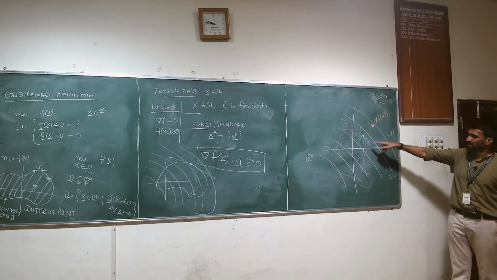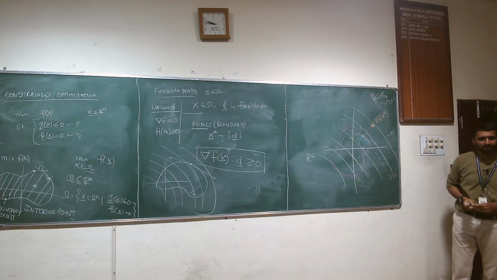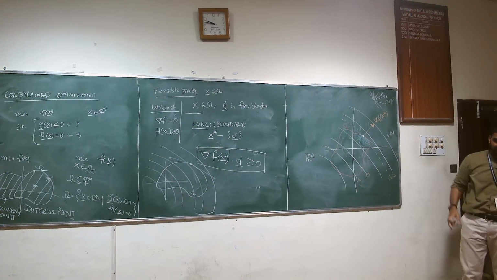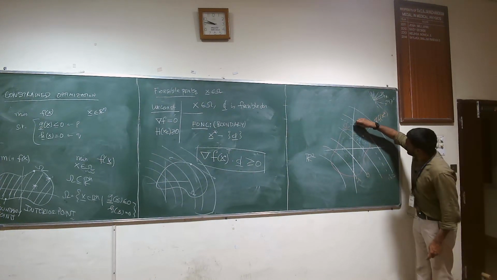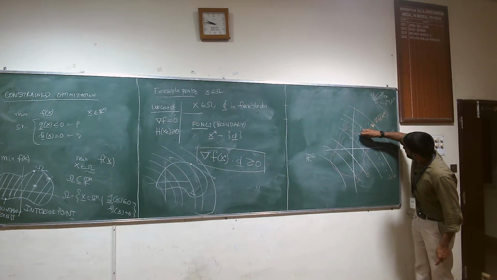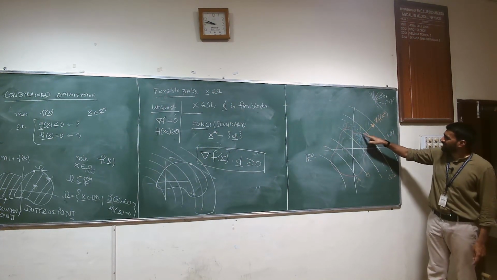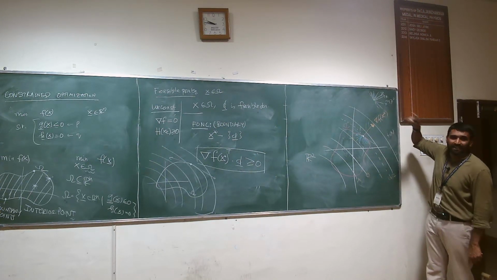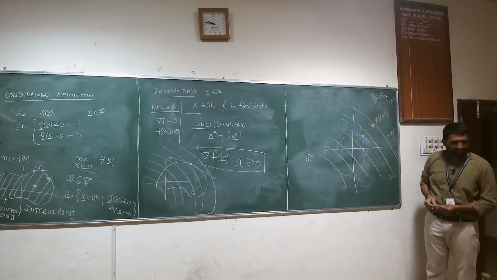What can you say about the inner product between the feasible directions and the gradient? Will it be positive? Well, it won't be, right? If you choose any direction, what is the angle between them? It's greater than 90. That means the inner product will be negative. Similarly, if you choose any one of these, it will be negative.